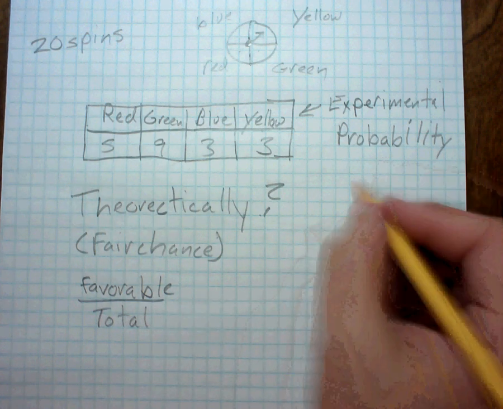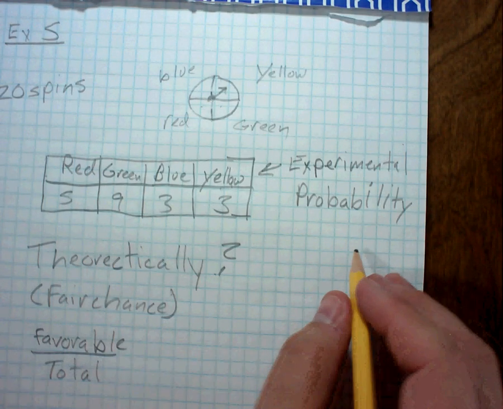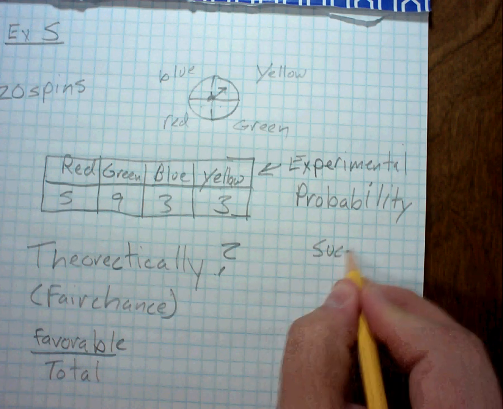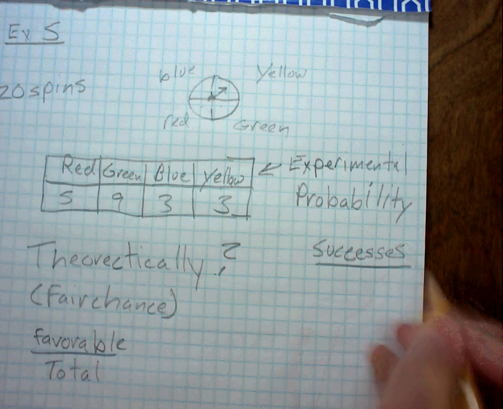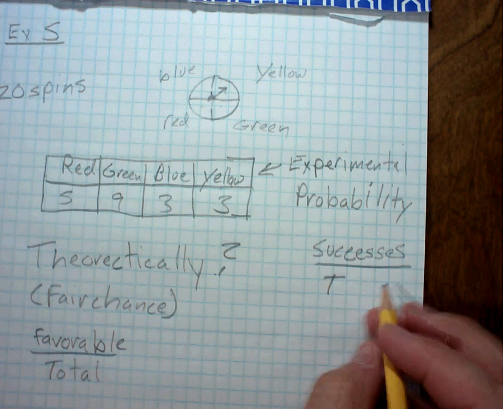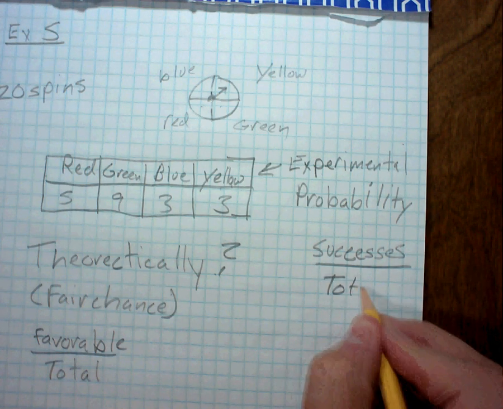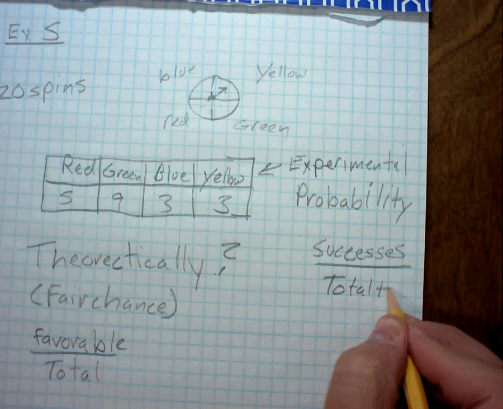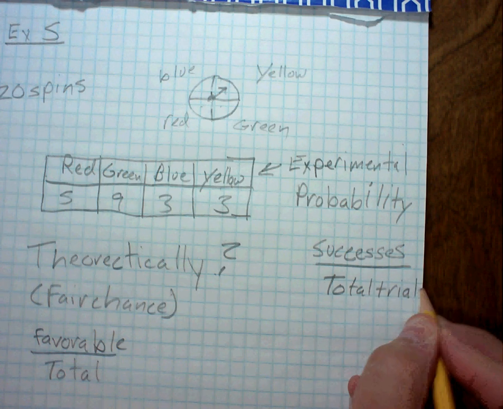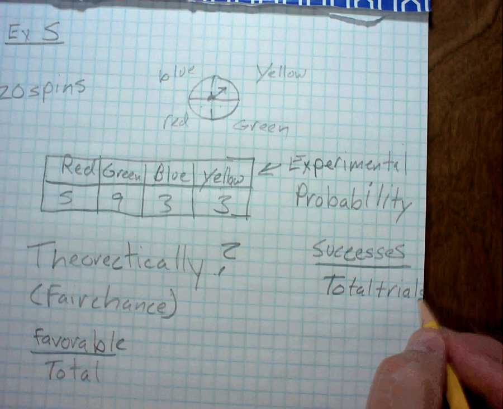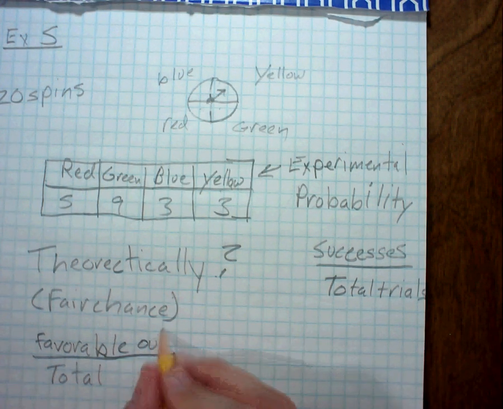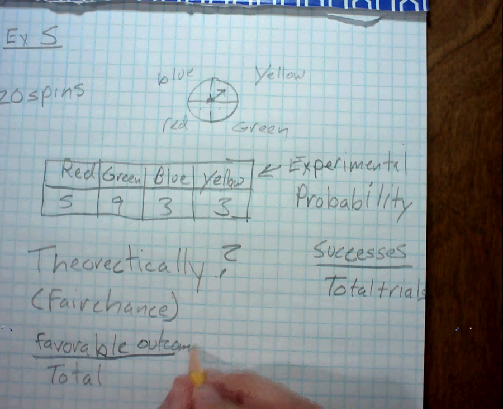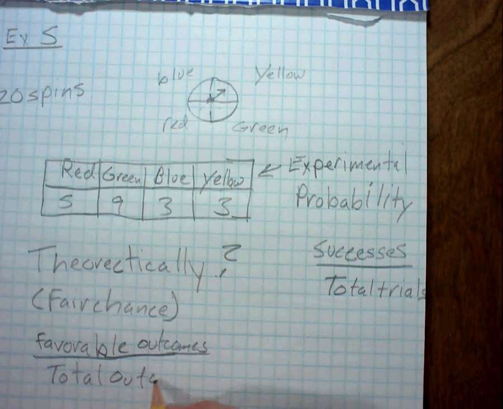And then experimental is successes over total outcomes, or in this case, total trials. So this would be favorable outcomes, what we would like, versus the total possible outcomes.